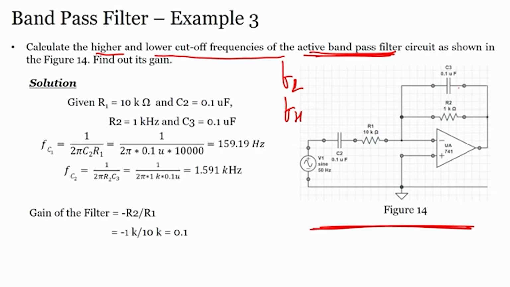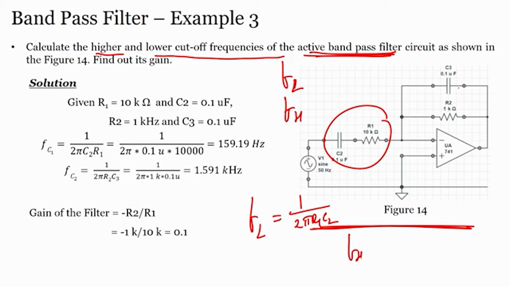Now, FC1, or FL, is 1 upon 2 pi R1 C2, and FH or FC2 is 1 upon 2 pi R2 C3.